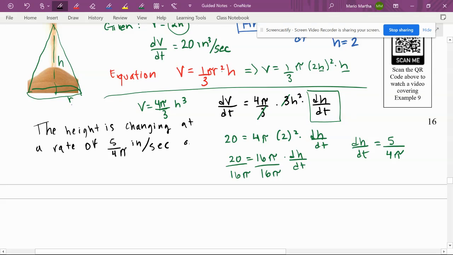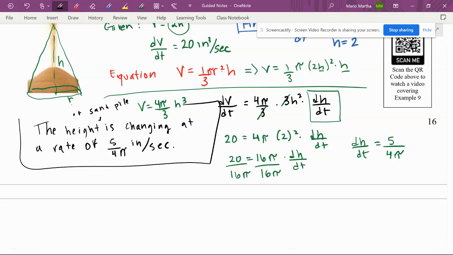Well, I think that's it. That's all we need, right? Actually, I forgot the height of the sand pile. Important, we need to include what we're talking about. The height of the sand pile is changing at a rate of 5 over 4 pi inches per second. All right.